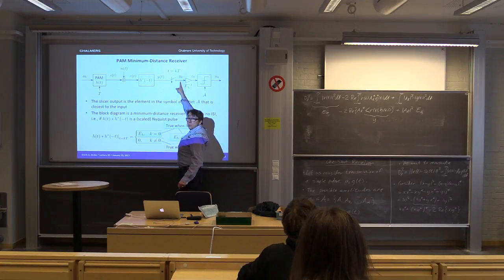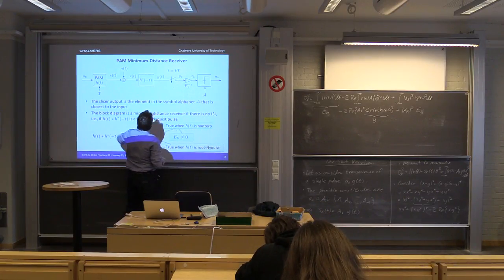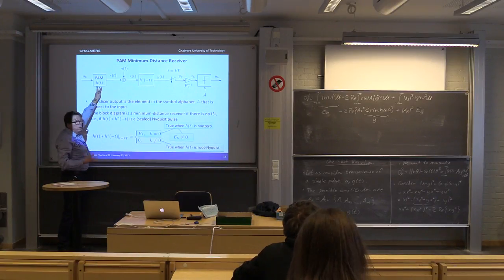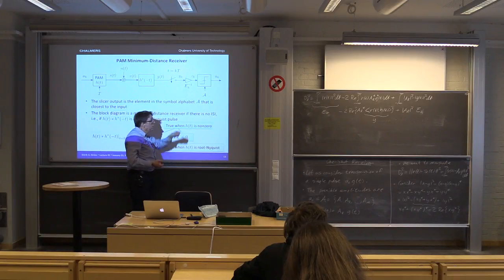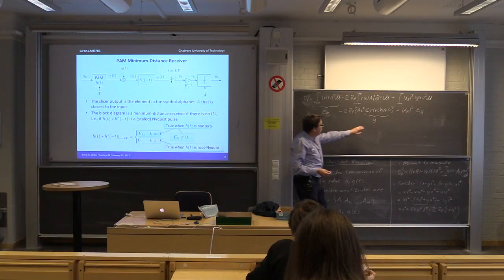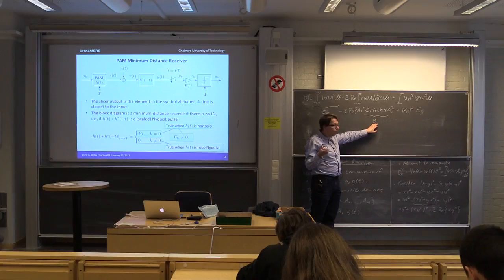It's the inner product of r with the pulse to which the filter is matched, and the pulse to which the filter is matched is h. So the output here, when we sample, will be the inner product of r and h. Okay, so here we have y, so that's good. So now the matched filter came into the equation here.